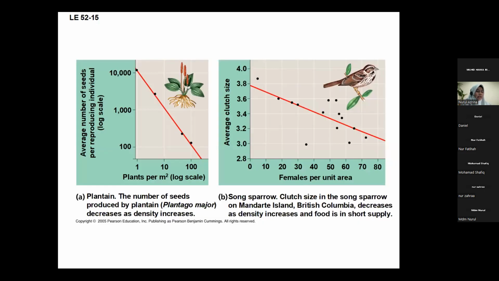Okay, example over here. You have here y-axis is the average number of seed produced, jumlah biji benih yang dihasilkan, versus number of plant per meter square. Okay, so let's say you have here 1 meter square of tanah, right? And dekat tanah ni ada 5 pokok.